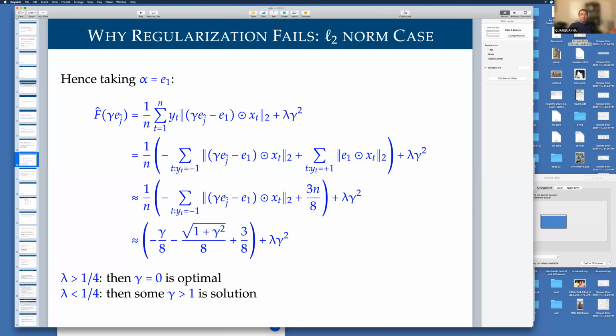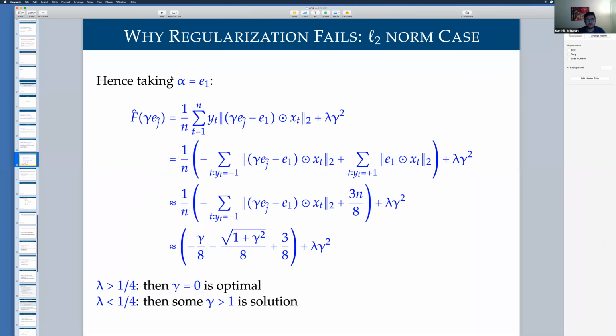So let me show you with the cursor. If I look at the empirical risk, that's the first line here. The main idea is that whenever I look at indices t for which y_t is -1, we know that x_t on the j hat coordinate is going to be +1.